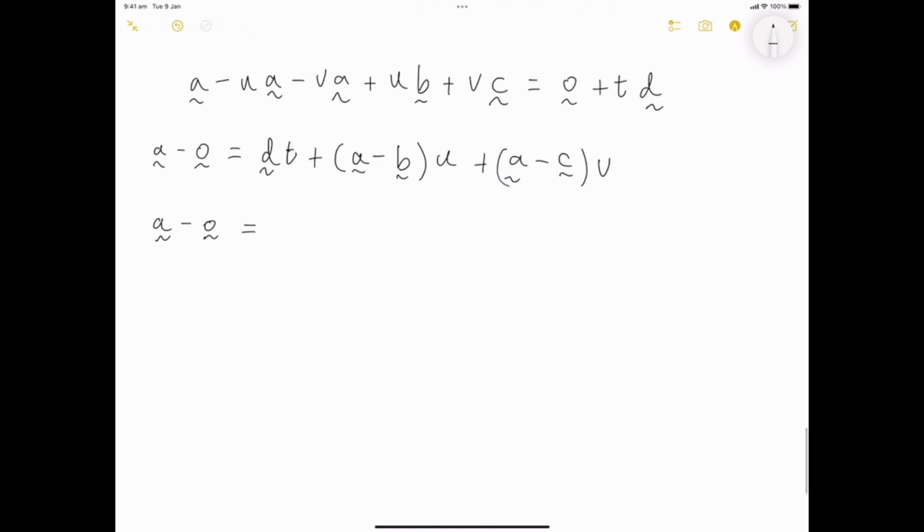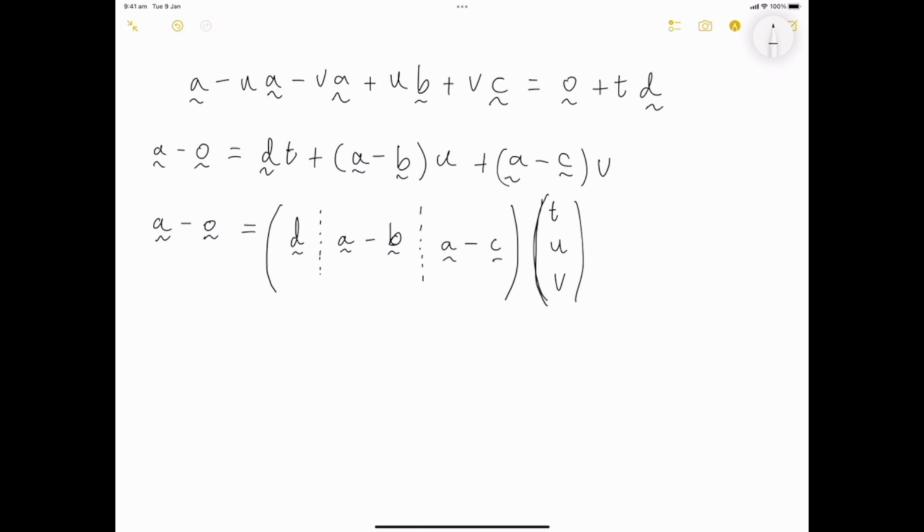And on the right-hand side, if we imagine taking that D as a column, and then A minus B as another column, and A minus C as a third column, and then multiplying that through by the column vector (t, u, v).